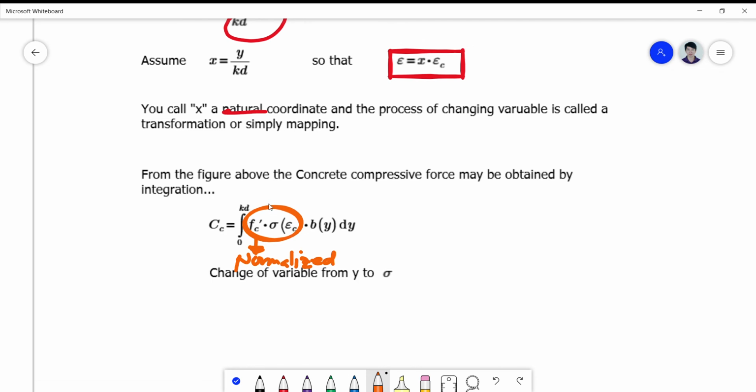Okay, in short, this is now representing your sigma is equal to the function of epsilon. And then I multiply it by the width, which is also a function of y, times the differential thickness. So this is now your differential area. We know that stress times area is a force. Okay, we integrate from 0 to kd.